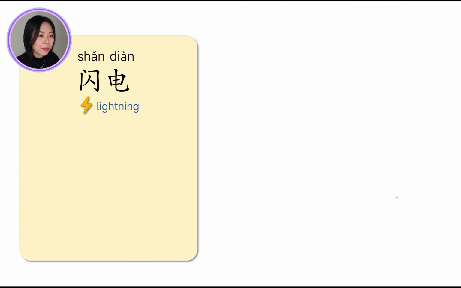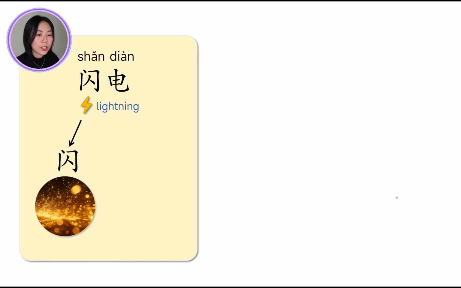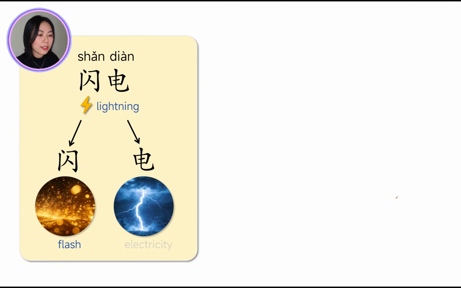The 闪电 means lightning. 闪 means flash, 电 means electricity. So 闪电 is the flashing electricity. That would be lightning.